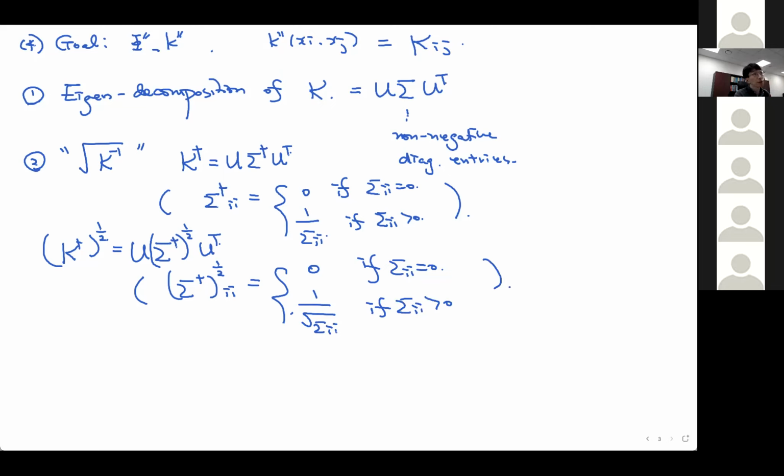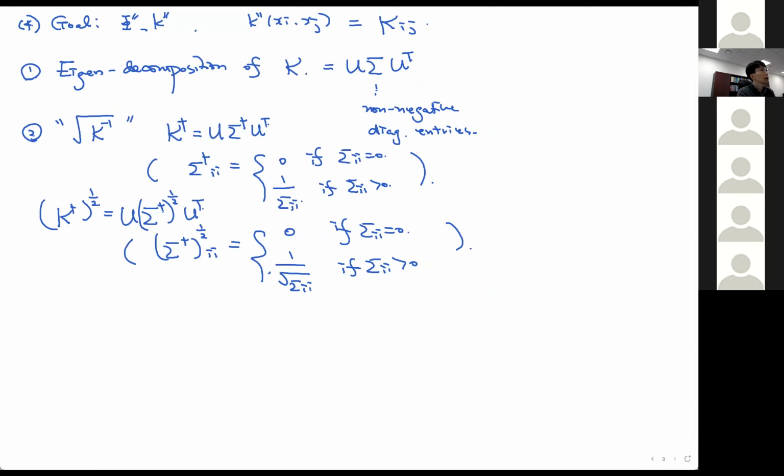So now if you have this form, then we can define the new phi double prime. So phi double prime of X is defined to be the matrix K pseudo inverse, square root of pseudo inverse, essentially this guy, multiplied by phi prime of X that I showed you in the previous slide.